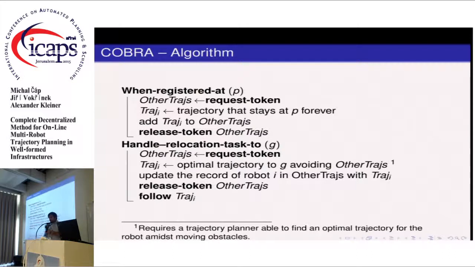For this, I need a trajectory planner that is able to plan with moving obstacles. That is, I need to plan in space-time. Then I take the trajectory I found, put it into the token, release the token so that the others can plan, and I start following the trajectory that I just found. And this is executed by each of the robots.